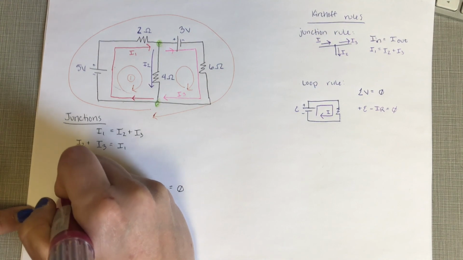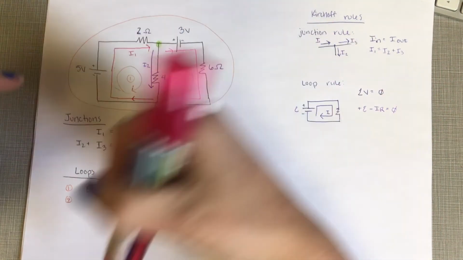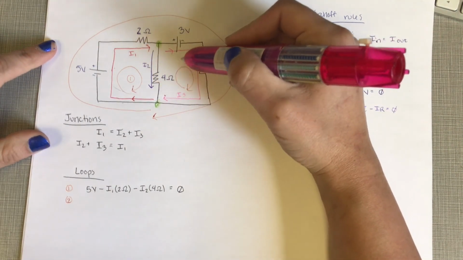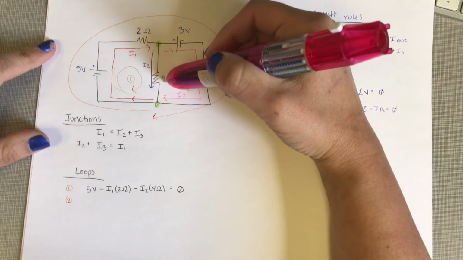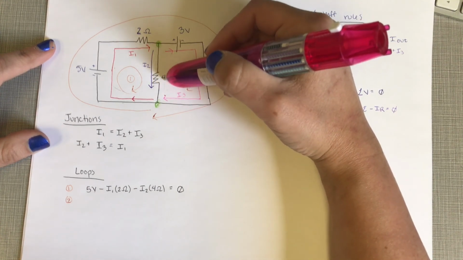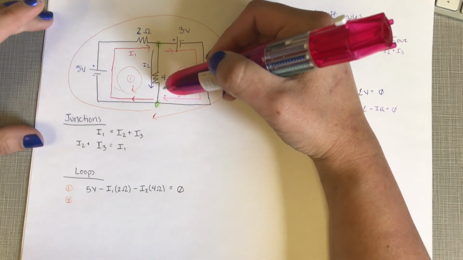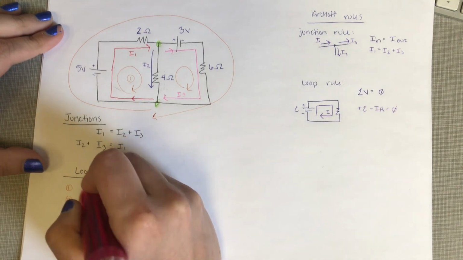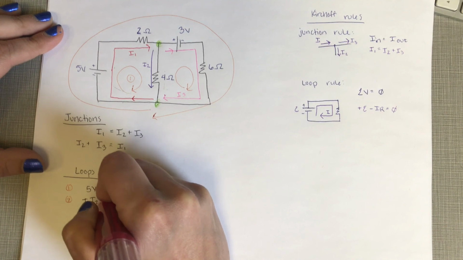So with loop number 2, now I'm going to start down here. So I'm going to travel this way, the way that I've drawn my loop. So now I'm going against the current through this resistor. So my current's going down, but my loop is going up. So I'm going against the current. So that's going to be plus I2 times 4 ohms.